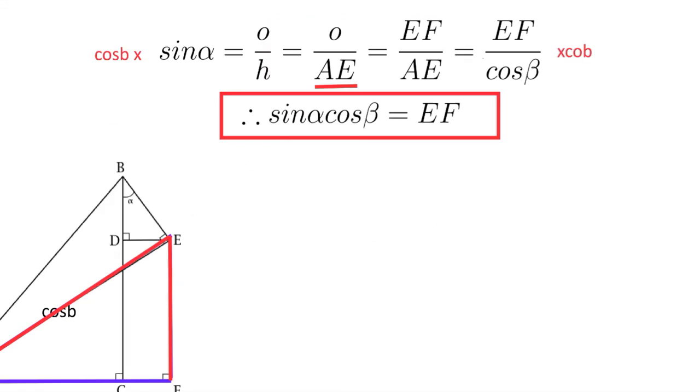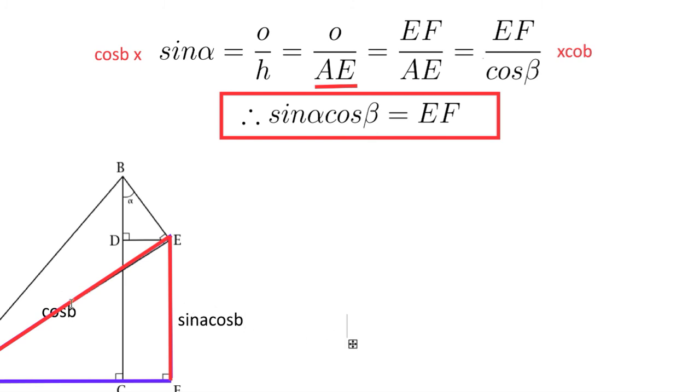And I can label this in here so that we can see specifically what I'm talking about on the diagram. I'm suggesting to you that by the laws of trigonometry, we've done nothing more complicated than consider what sine and cosine mean for these two separate triangles, and for that bottom triangle, EF can now be said to be sine alpha cos beta, as I've described there.